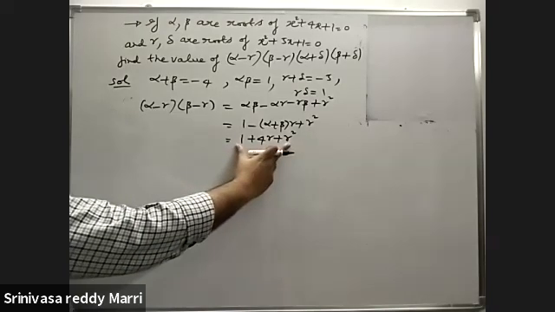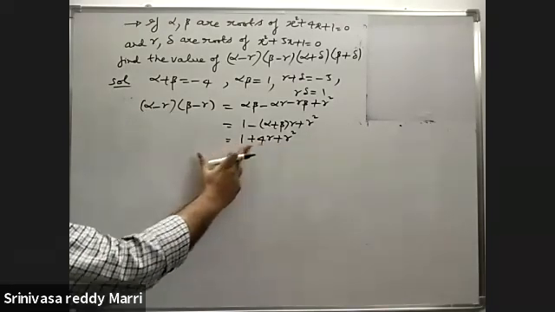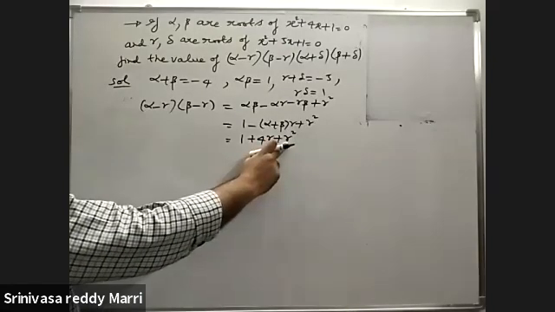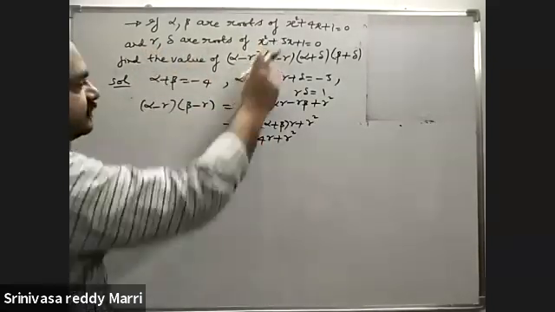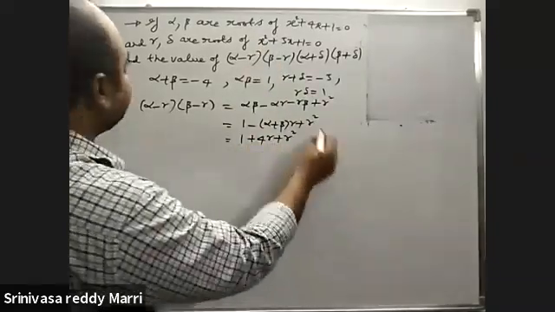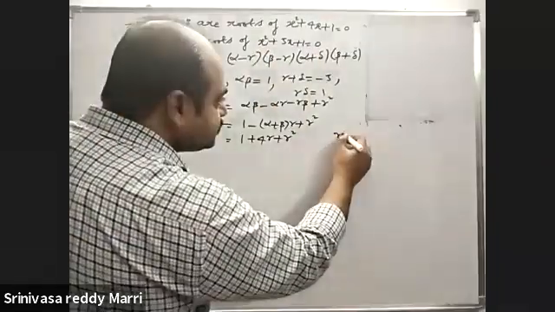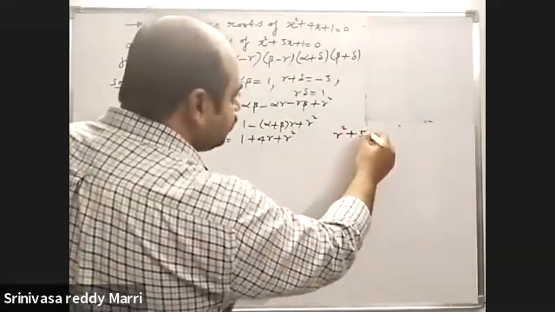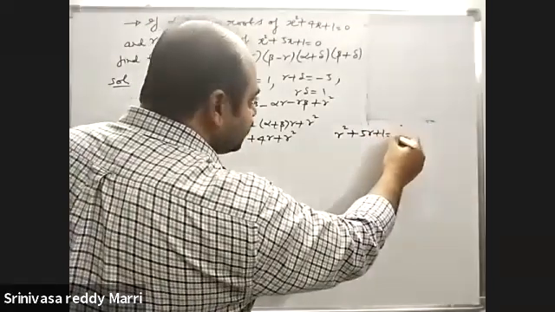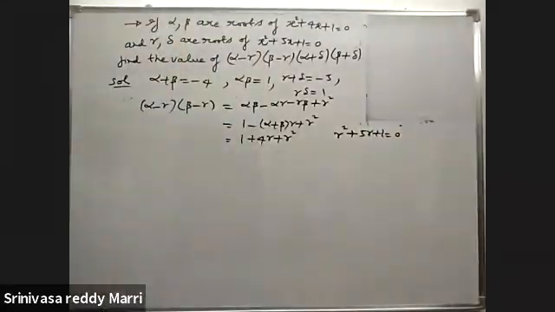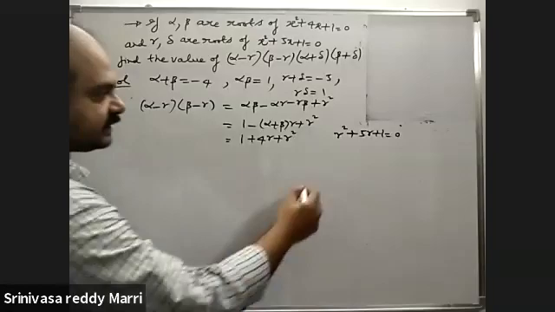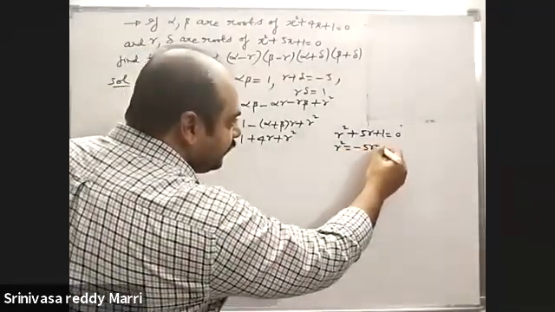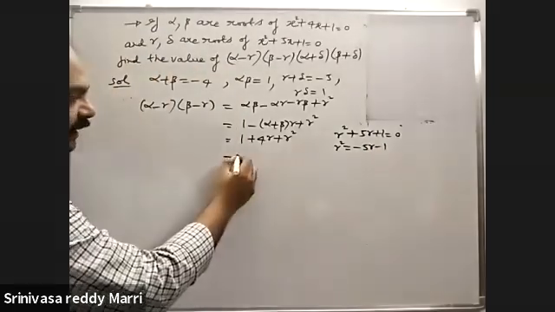So now this is gamma square plus 4 gamma plus 1. Now you must get the idea that gamma is a root of the other equation, so you can further simplify. For further simplification, you can make use of this result: gamma square equals minus 5 gamma minus 1.